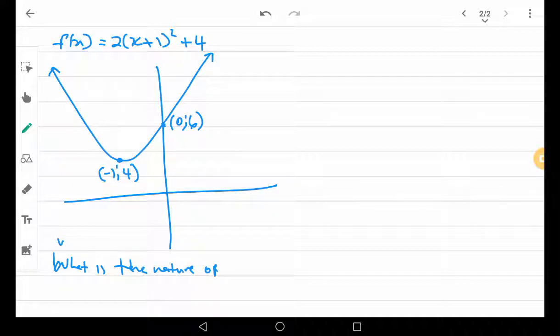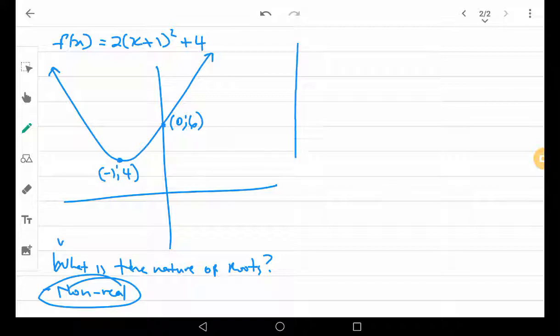They are non-real. Remember? So the roots are non-real.